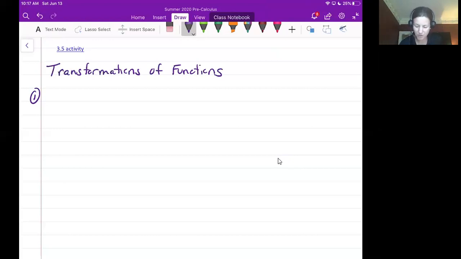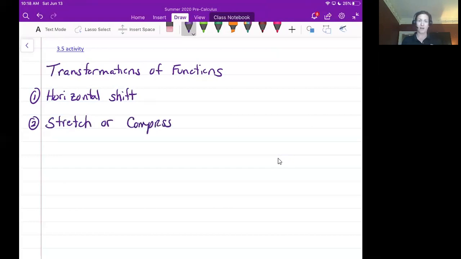The first type of transformation that you need to deal with is a horizontal shift. So that means you're moving it right or left. The second type of transformation you're going to deal with is you're going to stretch or compress the graph itself.